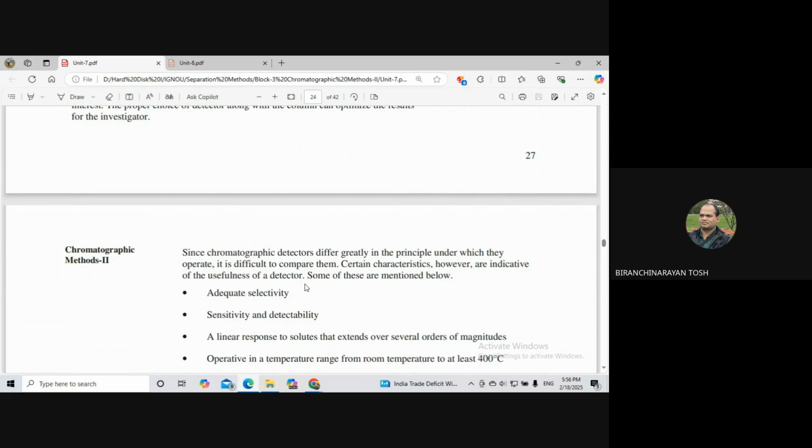Some characteristics of a useful detector are: adequate selectivity, sensitivity and detectability; a linear response to solutes that extends over several orders of magnitude; operation in a temperature range from room temperature to at least 400 degrees Celsius; high reliability and ease of use; a short response time that is independent of flow rate; similarity in response towards all solutes; non-destructive for solutes; and low noise and minimum detectable quantity.